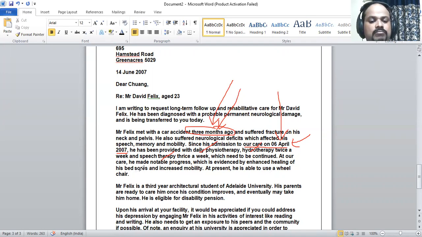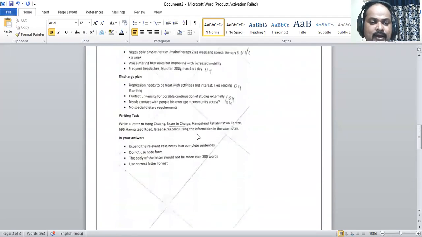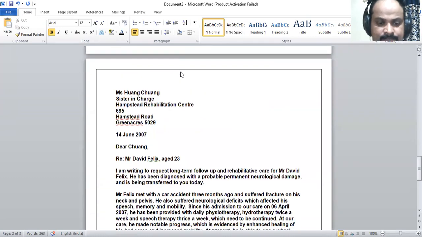So this is what we have written. We can include one particular thing here because we have not included about his headache. Frequent headaches, he has Nurofen 200 given.